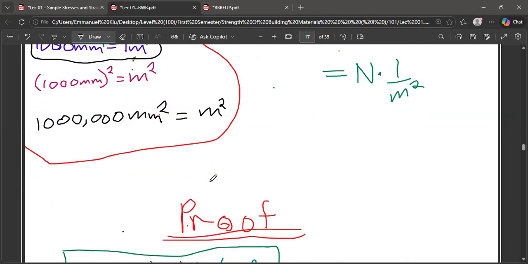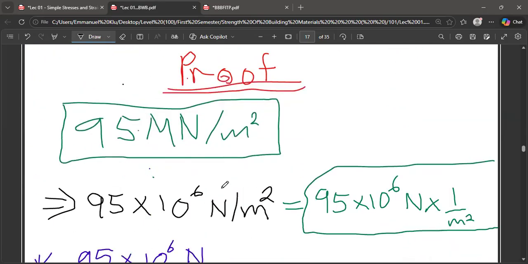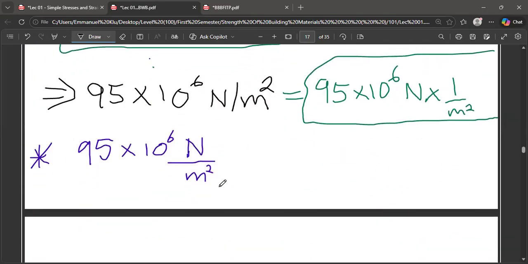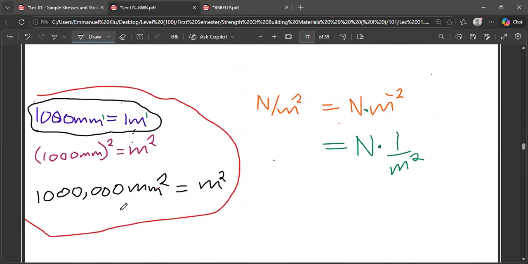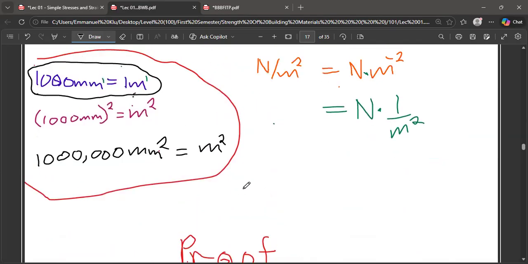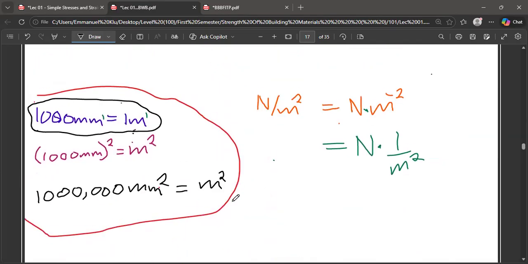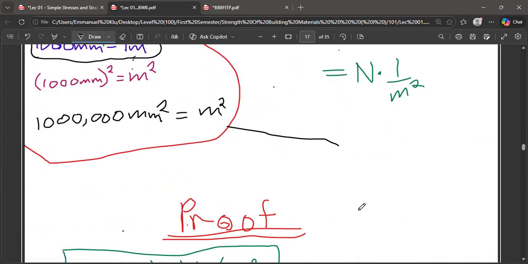As simple as that. So you see, our rule over here that we have established is that 1 meter squared is the same as 1 million millimeters squared. Whatever I've written over here, I can map it over here.